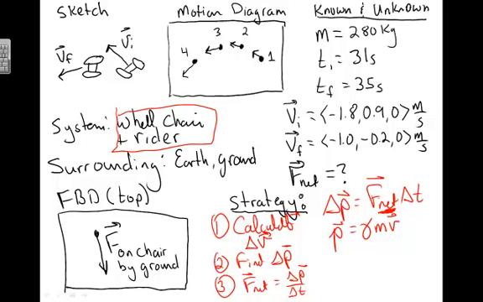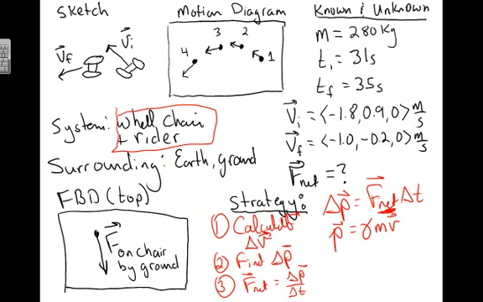Now, one simplifying assumption I can make is that since my velocities are much, much less than the speed of light, that means that this gamma factor right here is going to be roughly 1.